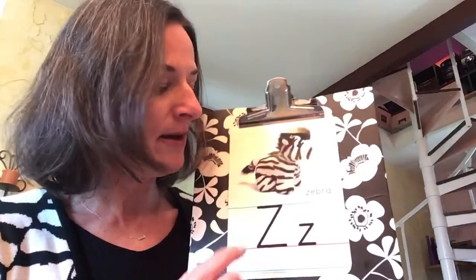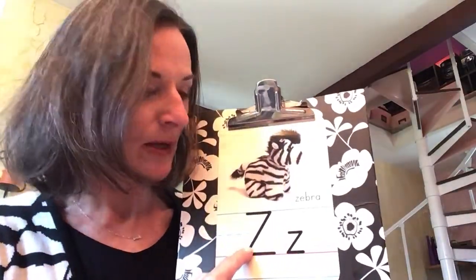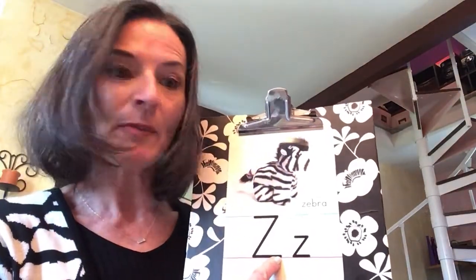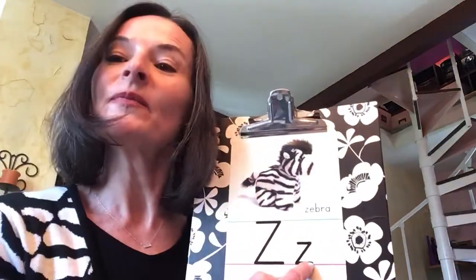The letter Z makes the sound Z, like a buzzing sound. It looks like this. If you look at it, it goes across and down at an angle and across. That's our capital Z. That's our lowercase z.